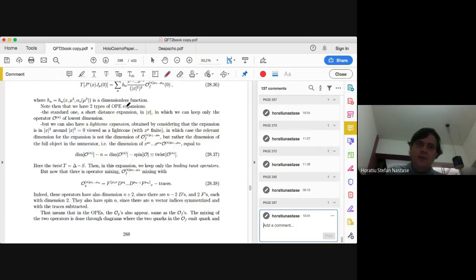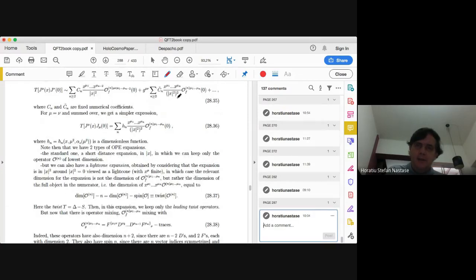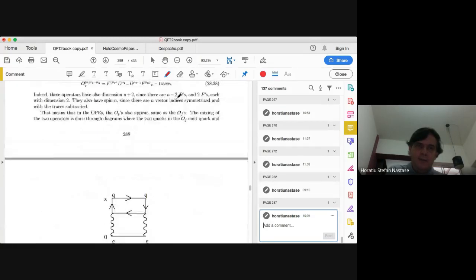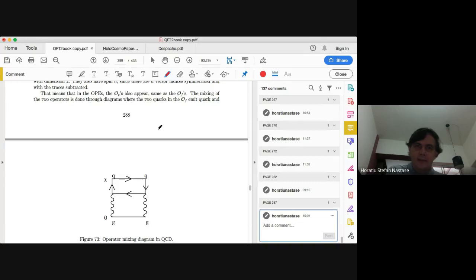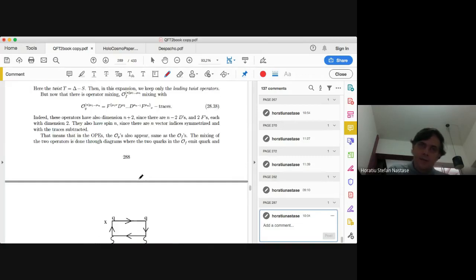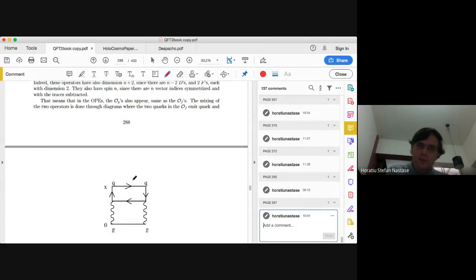I wrote in here OFs, but I can also write OGs as well. And to see the mixing, I write the operator at x as, let's say, the operator with no covariant derivatives, and then at x I would have a gamma.